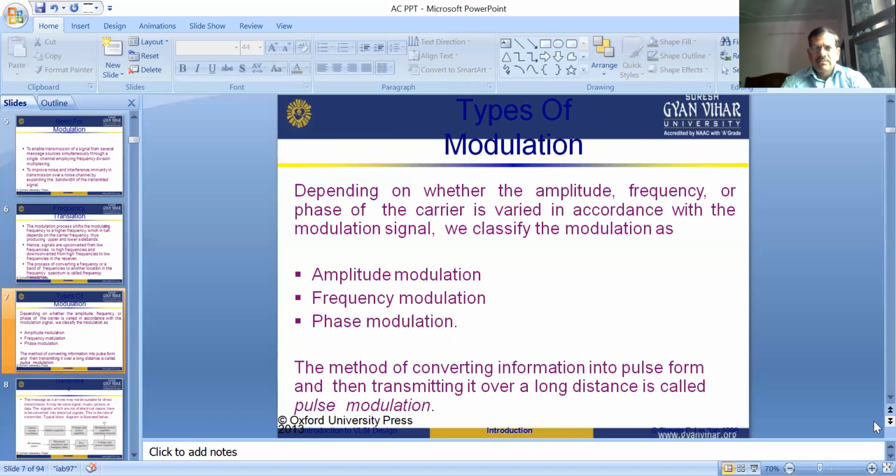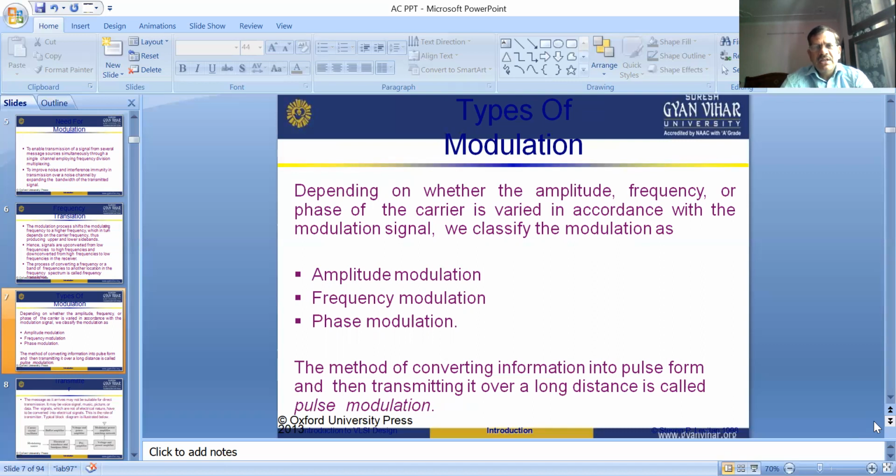These are some parameters on which the modulation process depends. The carrier varies according to the modulating signal, and we classify the modulation as amplitude modulation system or AM system, frequency modulation system or FM system, phase modulation or PM system.